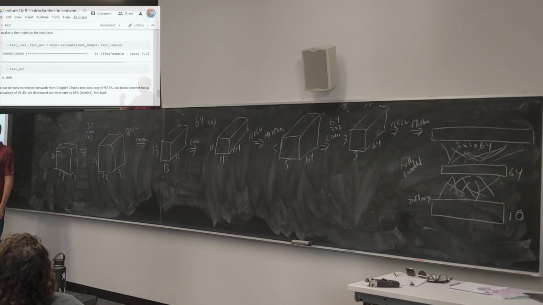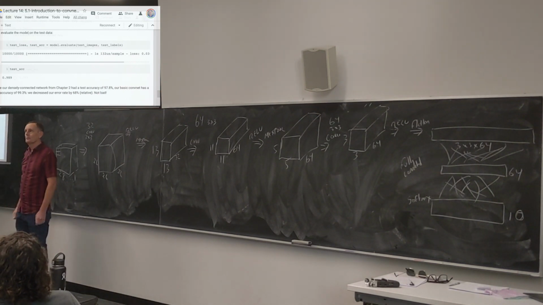But if you look at it in terms of how far away you were from 100%, it's really good. Right here, we were 2.2% away, and now we're only 1.1% away. So we're like 50% better, right? We've gone 50% different in the distance to 100%.